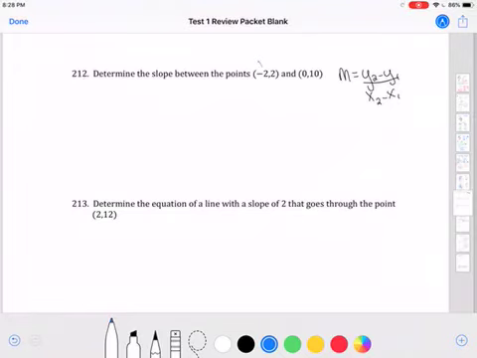So to use the formula, you need to label your points as x1, y1, x2, y2. It doesn't matter which points you label x1, y1, x2, y2, but you can't do x1, y2 together in one point. Your 1s and your 2s must stay together. So when I plug this into that formula, first I write m equals, and then y2, which is 10.